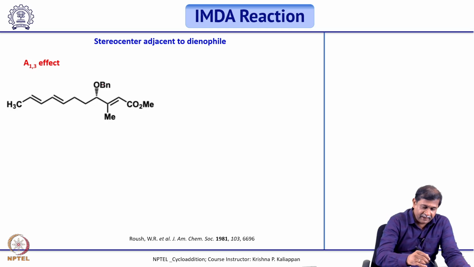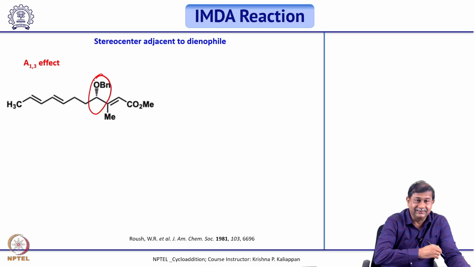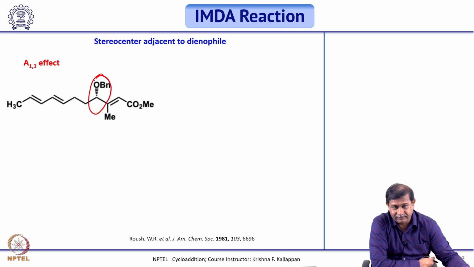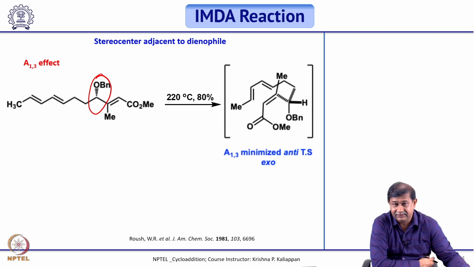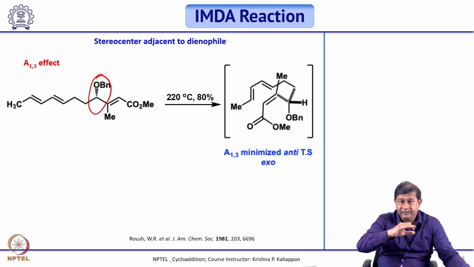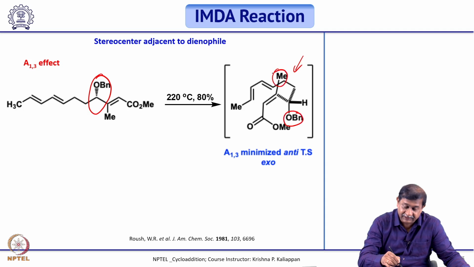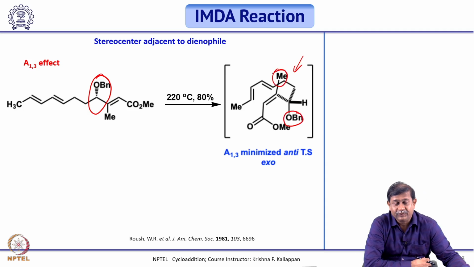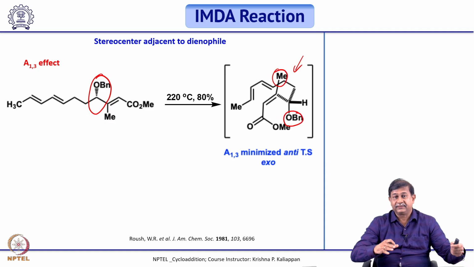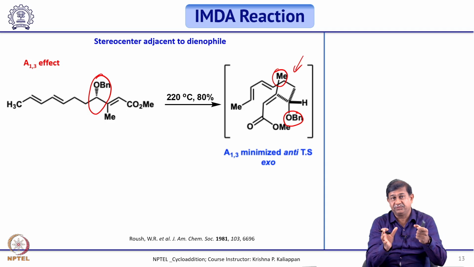Now, if you have a chiral center adjacent to the dienophile, will it have any effect? Yes, it will have an effect. So, what you should do, again you should draw a conformation like this, and if you look at this O-benzyl and this methyl group, I am sure you would have studied A1,3 strain, allylic 1,3 strain. So, that conformation should be in such a way that A1,3 strain is minimum.